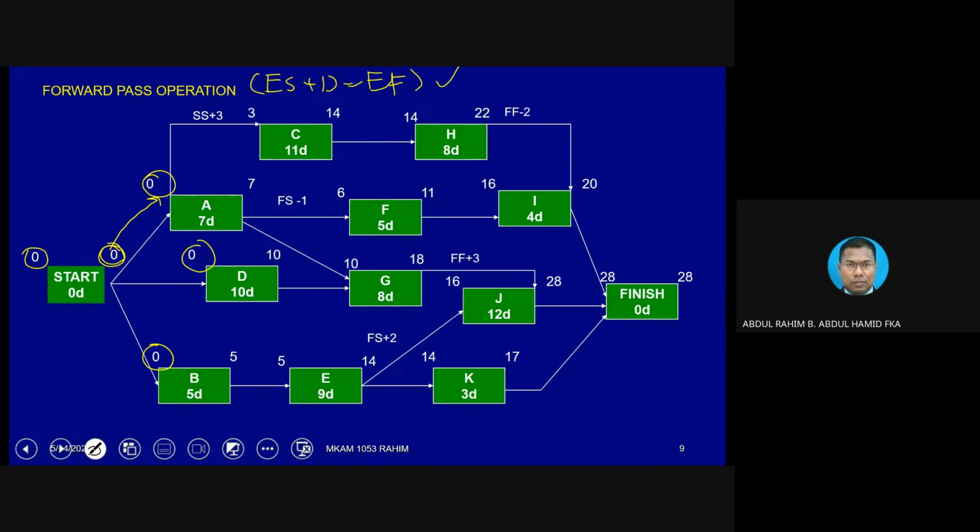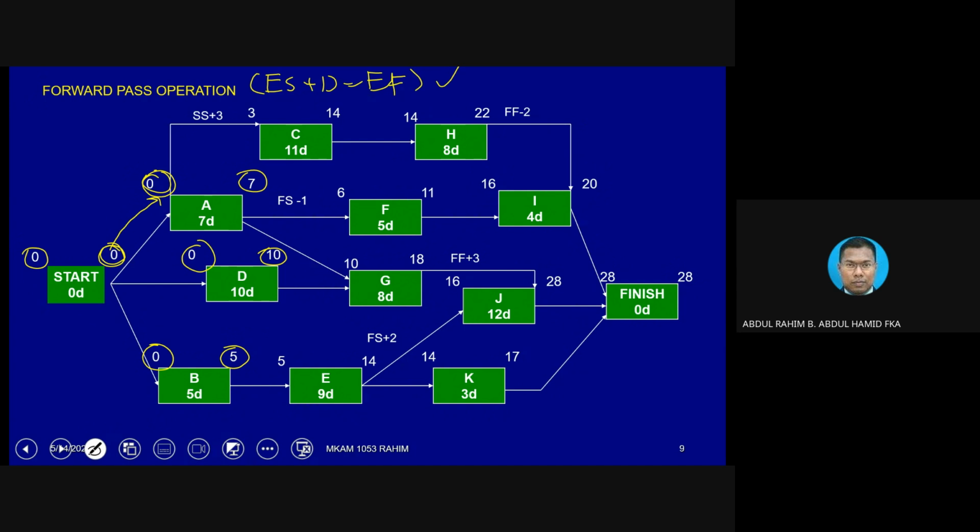So for A, 0 plus 7 equivalent to 7. For D, 0 plus 10 equivalent to 10. Now we already completed D. B, 0 plus 5 equivalent to 5. So A, D, B already have completed values. Now we can go into C. Okay, C relationship is start to start.